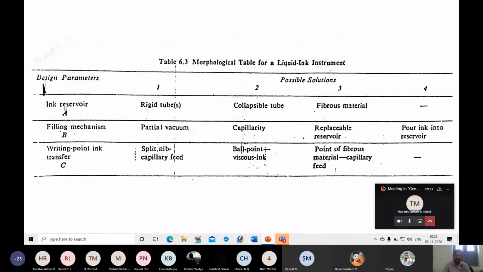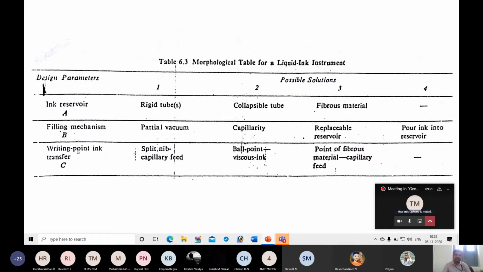These are the three parameters considered: ink reservoir and filling mechanism, writing point, ink transfer.